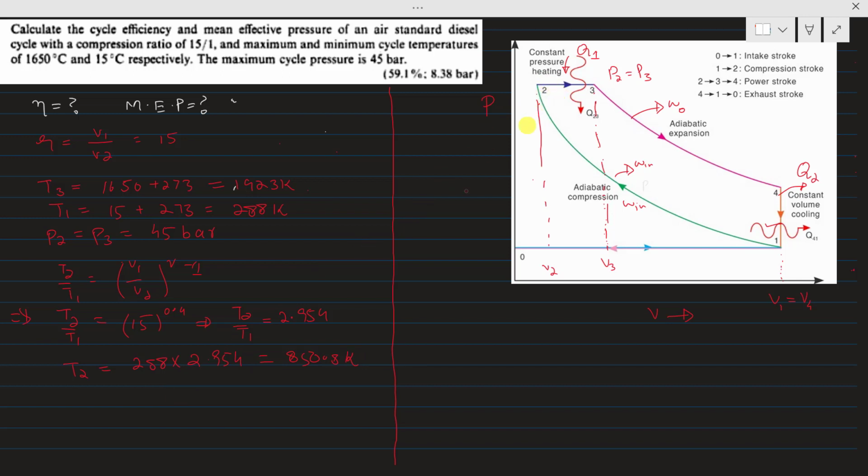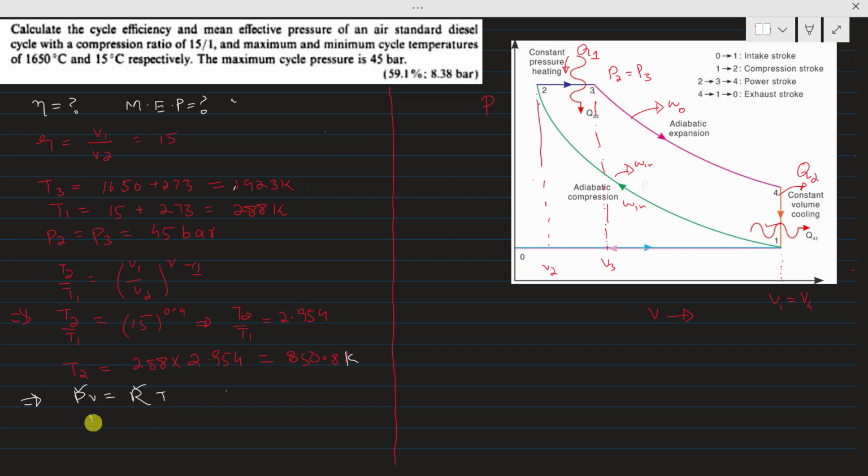Next, the process 2 to 3 is the constant pressure process. At constant pressure there is a direct relationship between temperature and volume. From the gas law, PV is equal to RT, and since R and P are constant, we have a direct relationship with temperature.